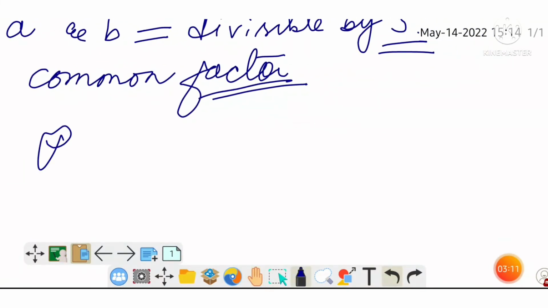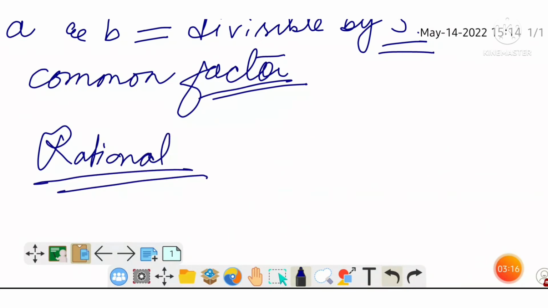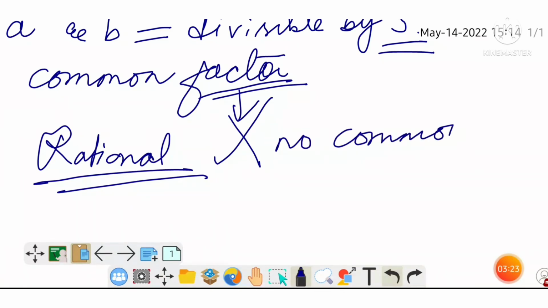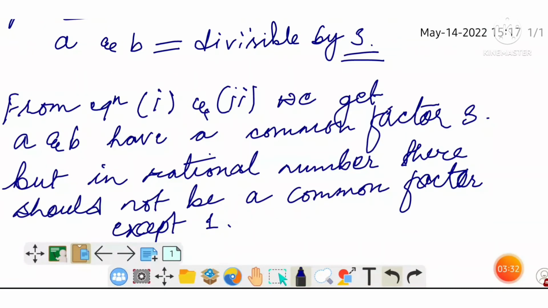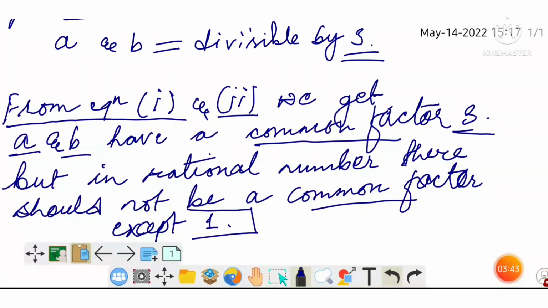Since a rational number in lowest form does not have any common factor except 1, from the equations we get a and b have a common factor 3. But in a rational number, there should not be a common factor except 1.